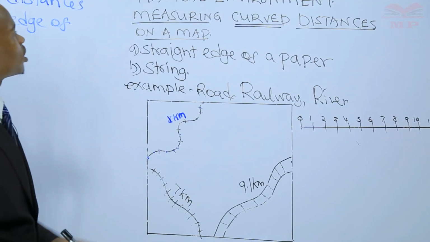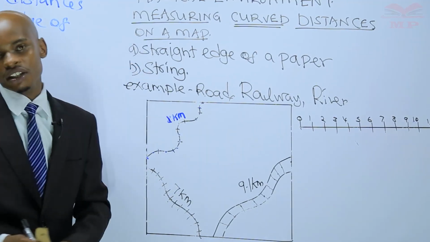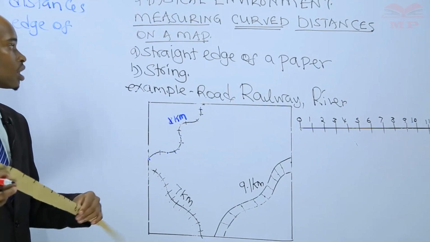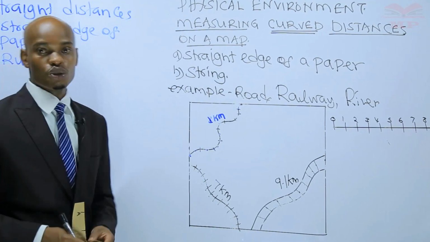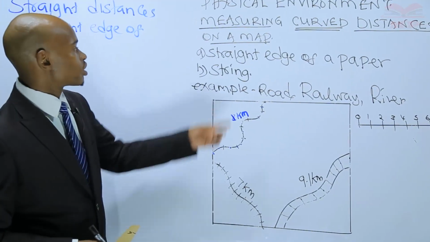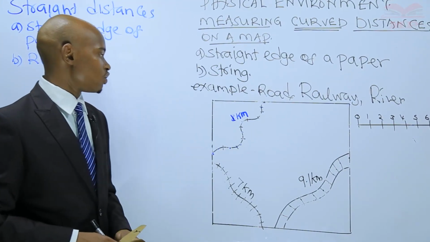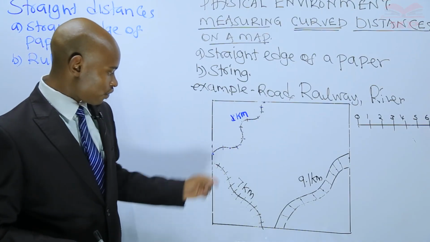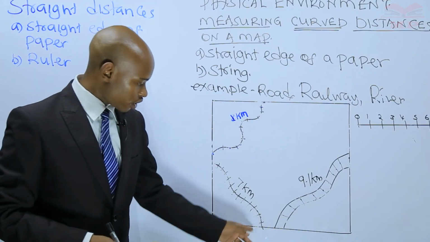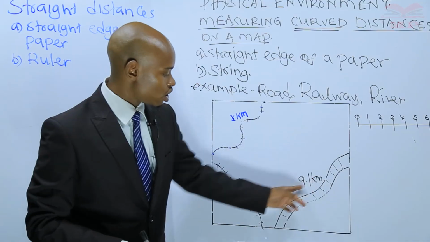In a nutshell, today we were measuring curved distances on a map using a straight edge of a paper, and we have mentioned again you can use a string, but the most recommended is using a straight edge of a paper. We had 3 examples: the curved river, the curved railway, and a curved road.